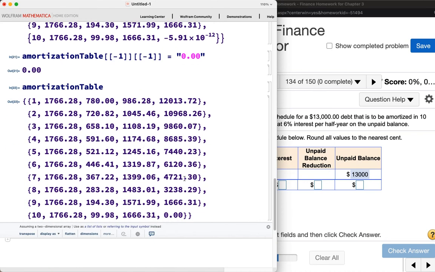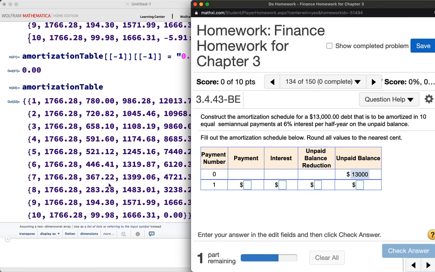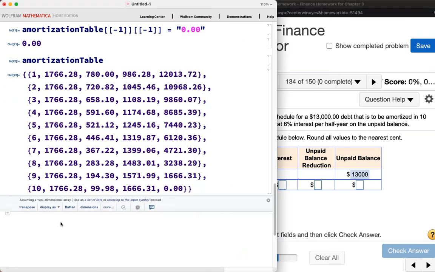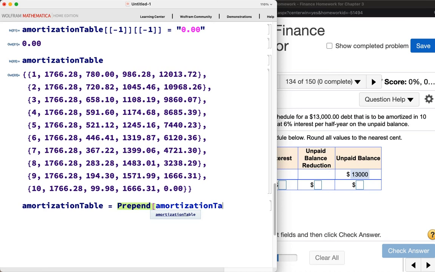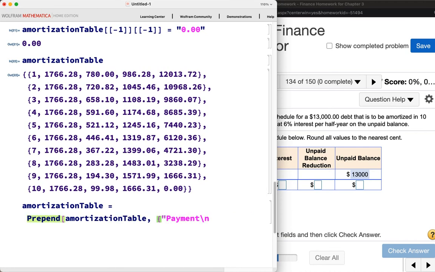Okay, and then we can make this look a little nicer, guys. We could make this look much nicer, actually. So, amortization table, prepend, amortization table. Okay, payment number. And then, 1 second, payment number, payment.